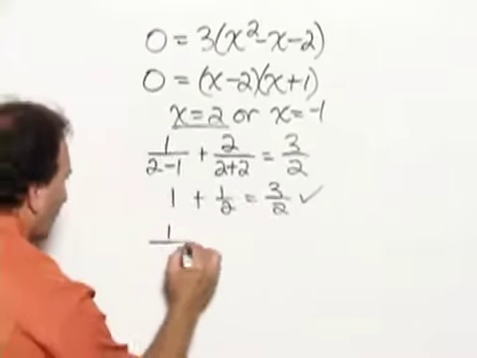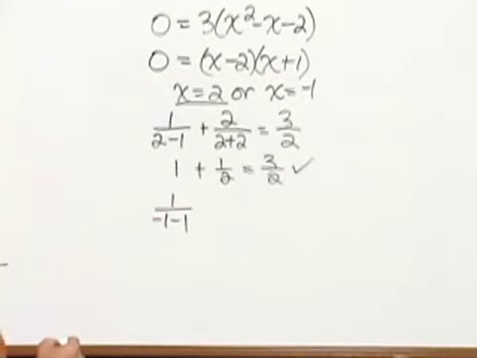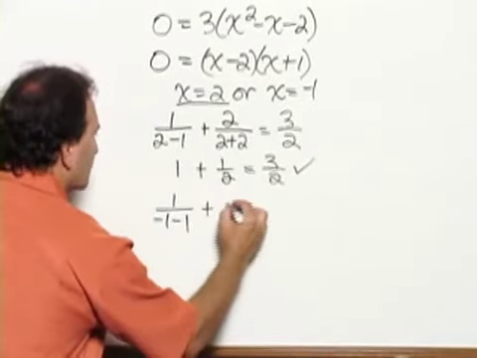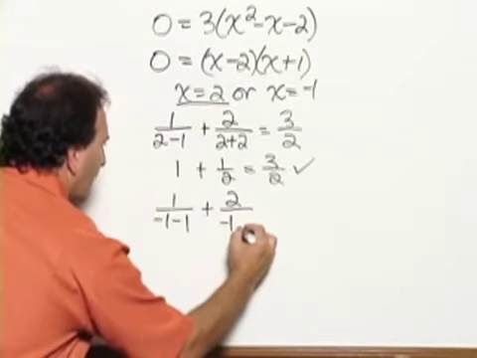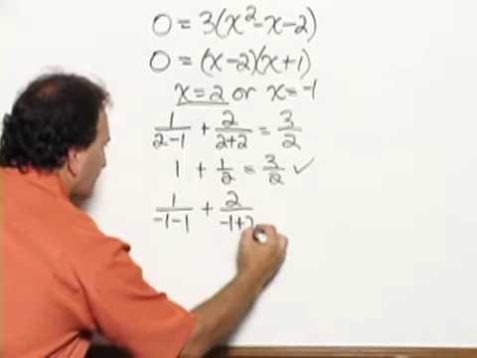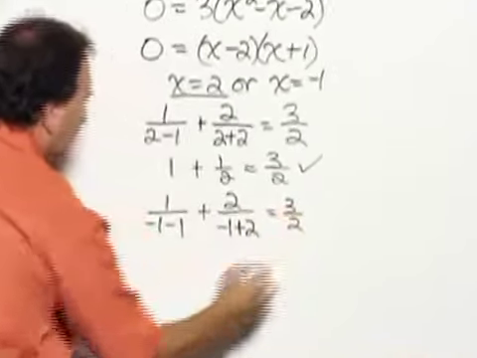It's 1 over x minus 1, so that's 1 over negative 1 minus 1. Plus 2 over x plus 2, so that's 2 over minus 1 plus 2. And we want to know, does that equal 3 halves?